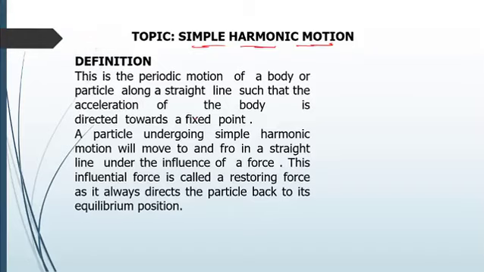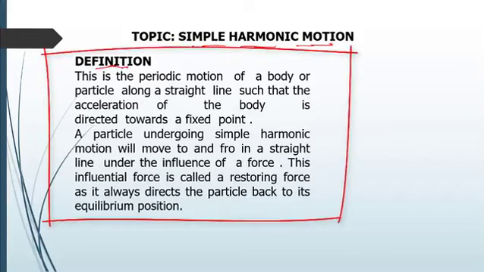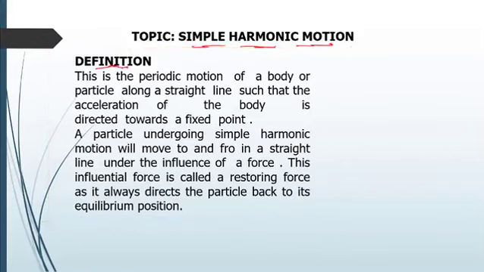Welcome back. Now let's look at the definition of simple harmonic motion. I'd like you to understand that we've been discussing motion in our previous lessons, and we said we have different kinds of motion. We talked about translational motion, which is movement of an object from point A to point B, and then we talked about oscillatory motion.